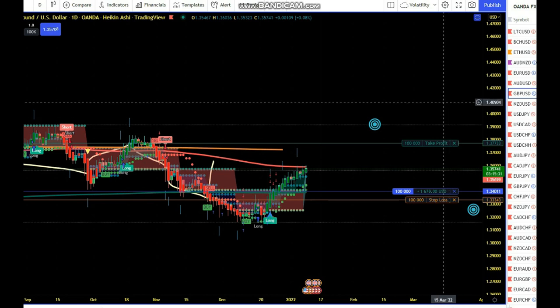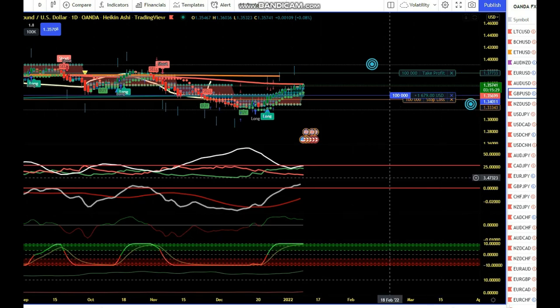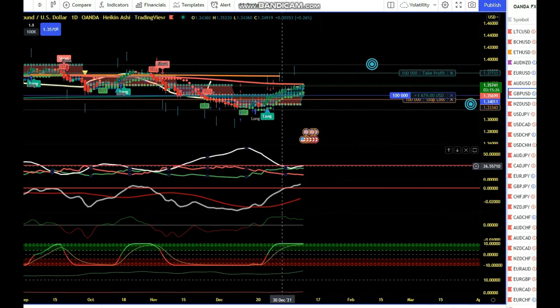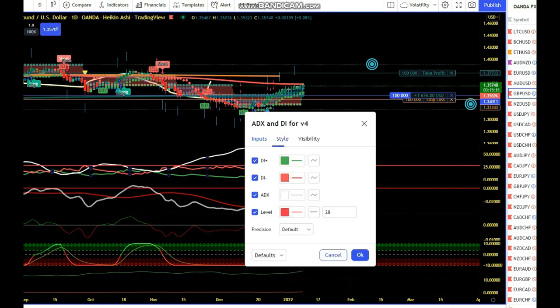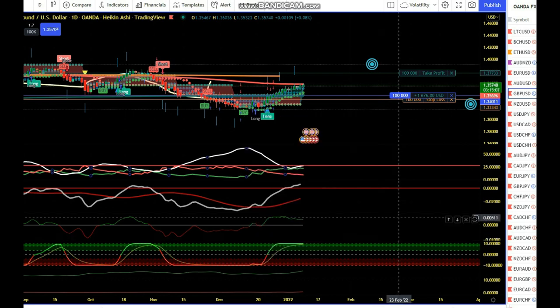Then I have included another indicator, and this indicator is the good old ADX and DI default. I have changed the midline level to 28. Typically, if this white curve we see is moving over the 28 line, or 25 line, the market is strengthening.